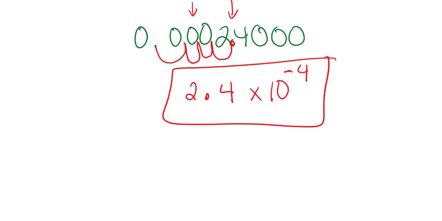Now let's look at the next example. Example 3. Let's convert this number to scientific notation. Now, we have a decimal here. We want to get it right here, between the 4 and the 6, because we just need the one number to the left of the decimal. Right now, there's 5. So let's move it.